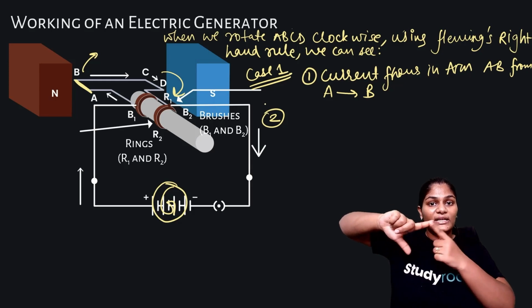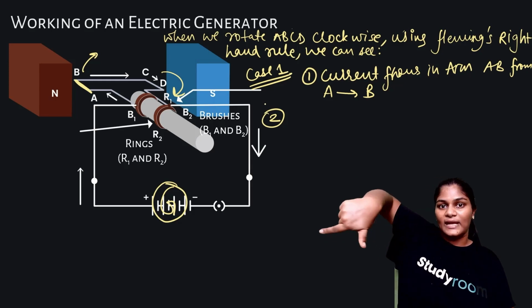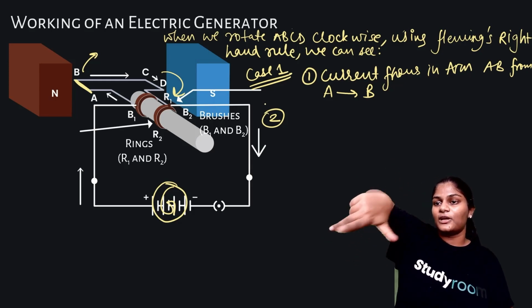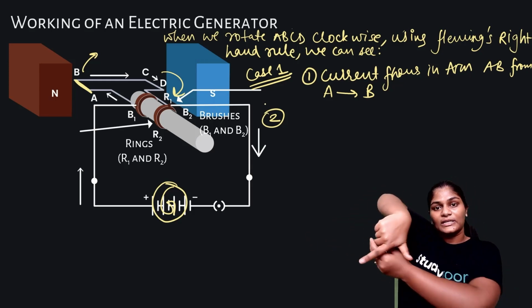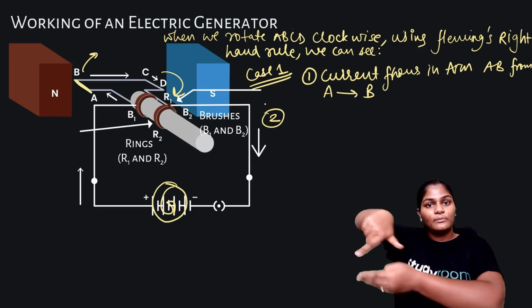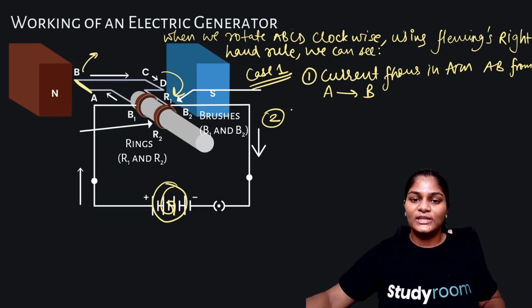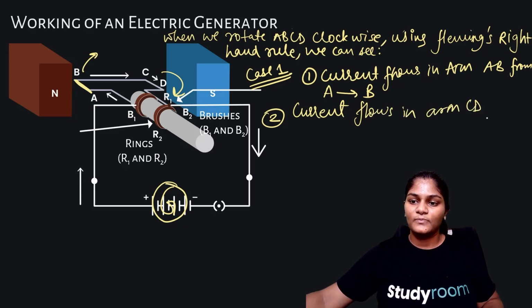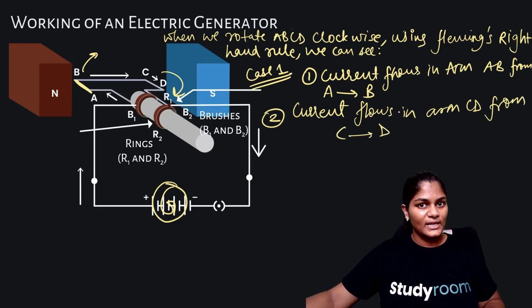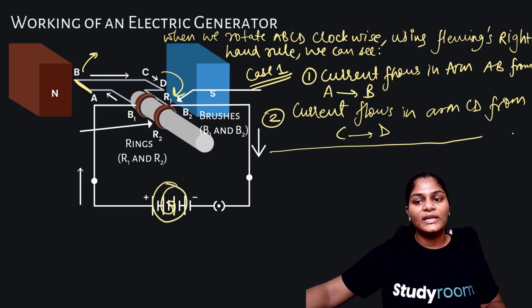Then the magnetic field is like this. Now I open my middle finger. Where is it pointing? It is coming towards me. That means current flows towards me, from C to D. So current flows in arm CD from C to D. Great. We are done with our case 1.